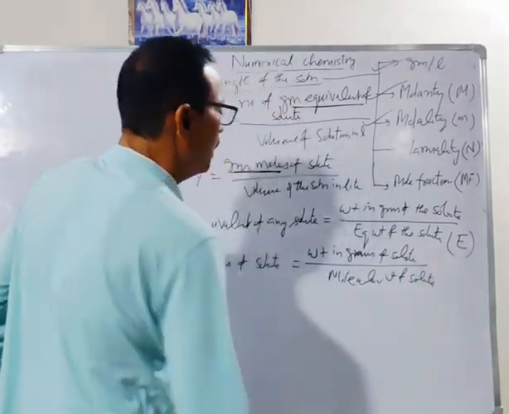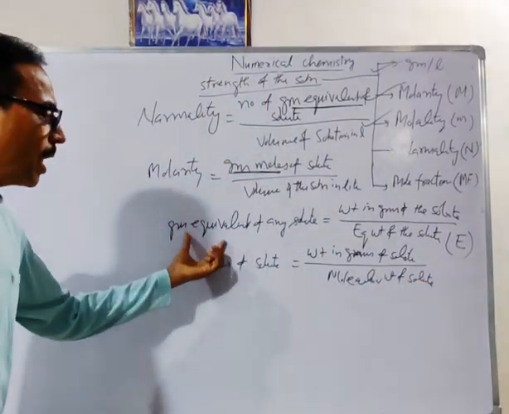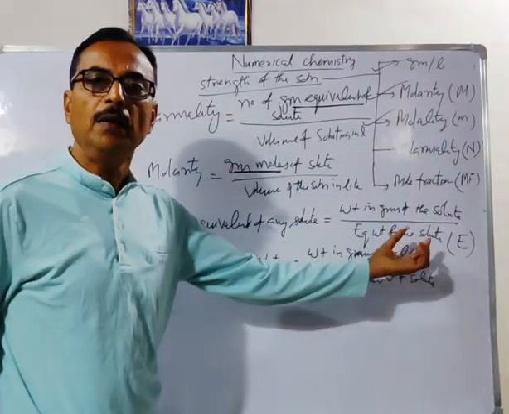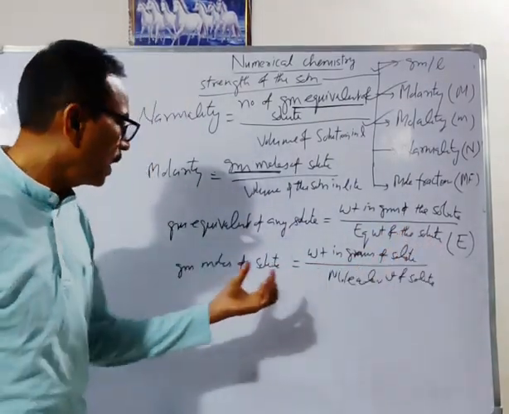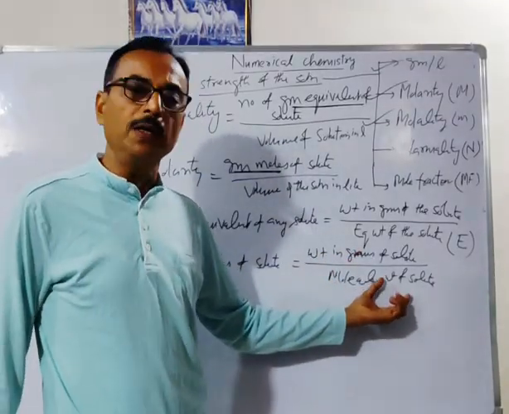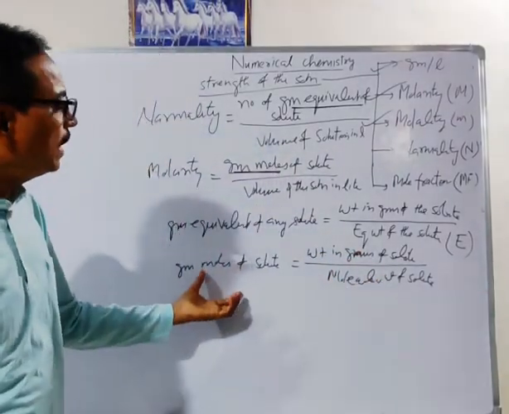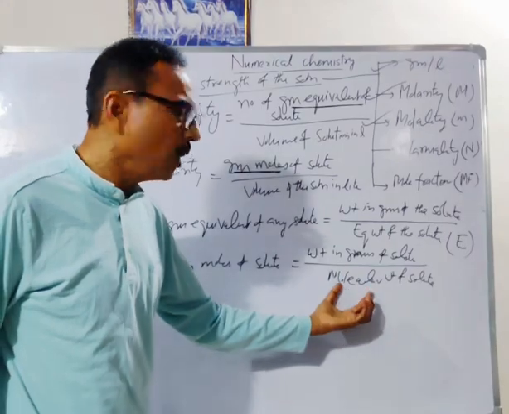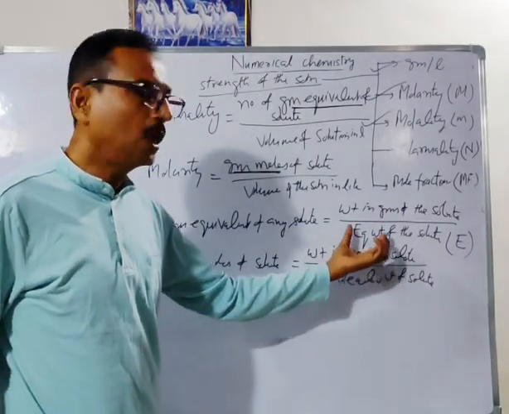So the basic difference is, in case of gram equivalent, we divide by the equivalent weight. In case of gram moles, we divide the weight by the molecular weight.